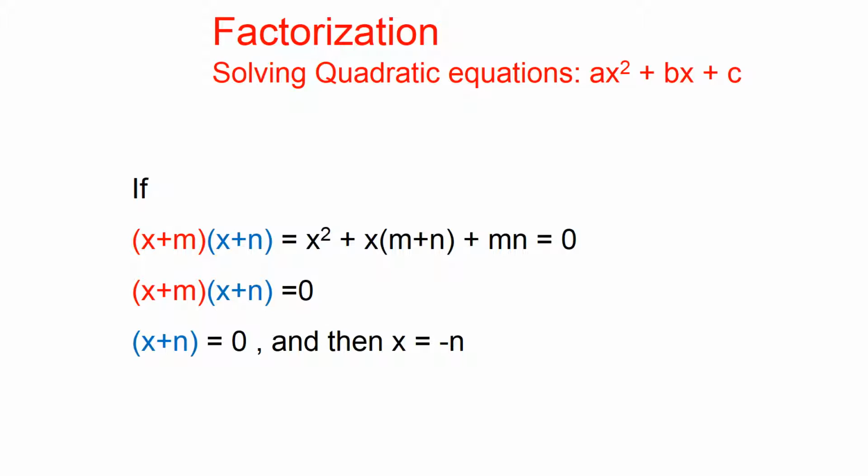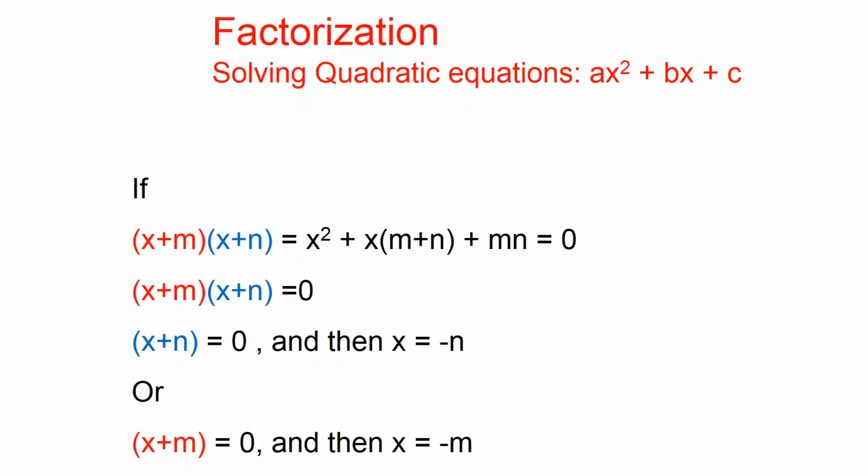So either that number is 0, and in that case, we can then very easily solve for x, because we just need to rearrange this equation, take n from both sides, and then we end up with x being a number. Or the other one is 0, and then we take m from both sides. So we basically have to figure out what these two are.